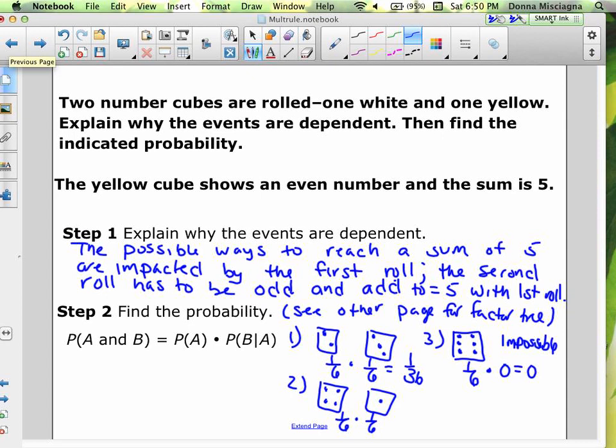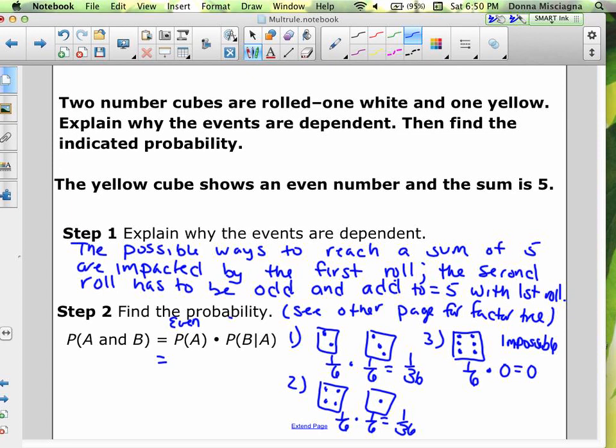So the probability of having a sum of 5, given that the yellow cube had the even number already, right? The white cube gives us the sum of 5, the yellow cube gave us the even number, is the sum of those two probabilities. Oops, and I forgot to write this one down. All right, so this one here was the even.